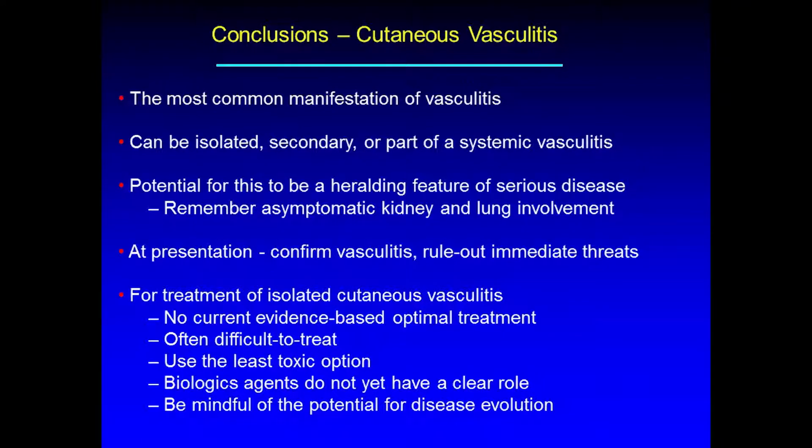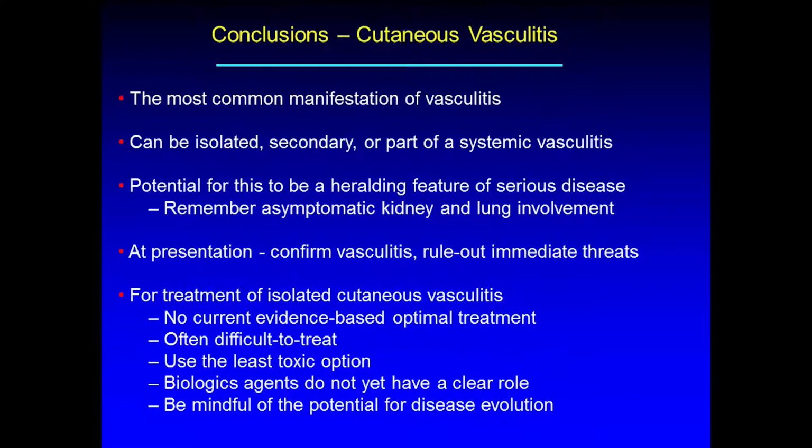In terms of treating isolated cutaneous vasculitis, unfortunately, at this point in time, there is no current evidence-based optimal treatment. It is often difficult to treat, and we try to approach this by deciding on the least toxic option. Biologic agents, as of right now, do not yet have a clear role, but there is a lot of exciting movement in the vasculitis field that may make a difference in the future.